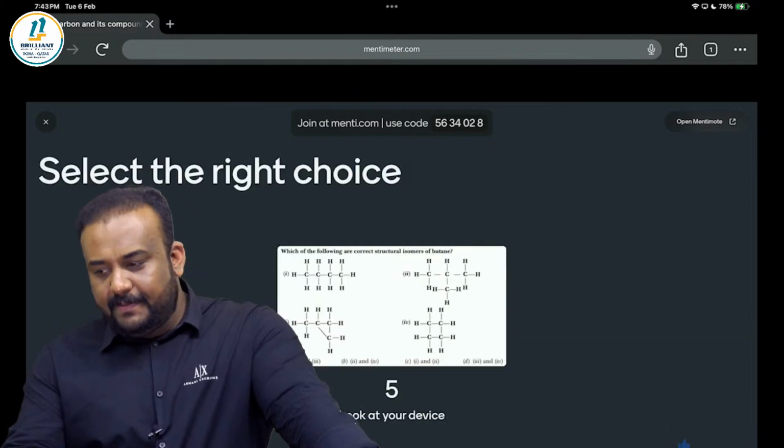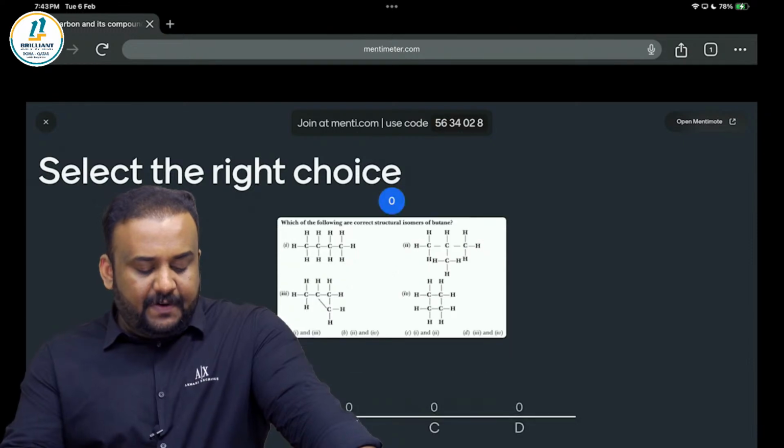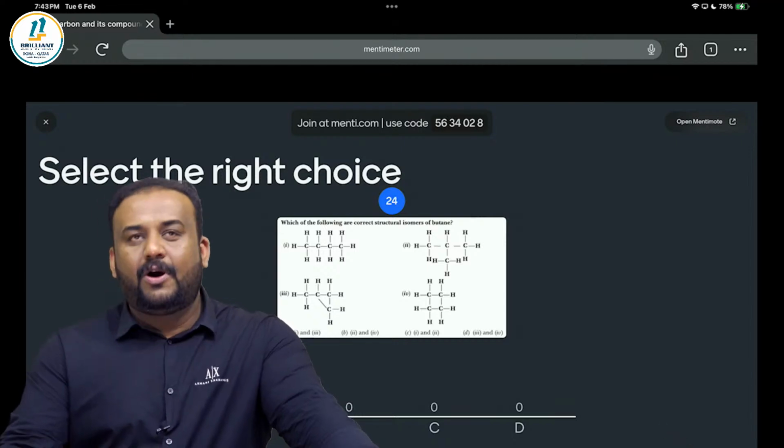On your screen. Which of the following are correct structural isomers of butane? On your screen, guys.